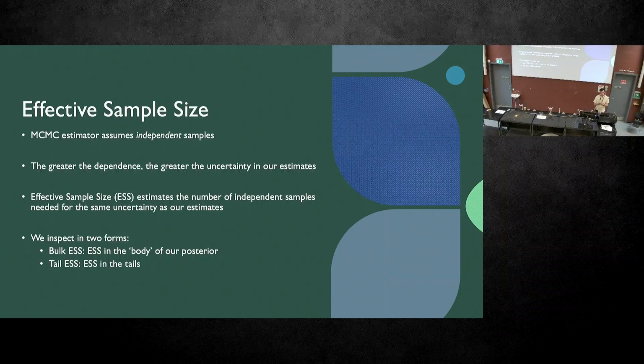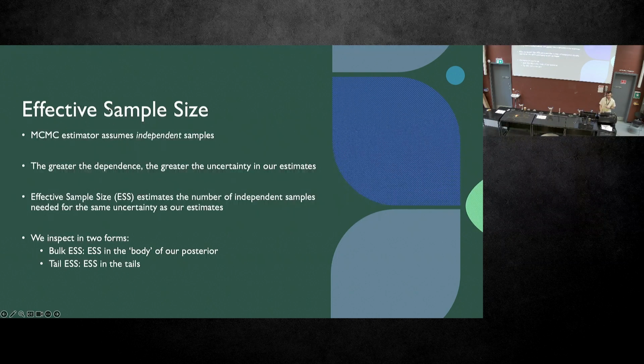This is really important because the assumptions behind an MCMC estimator assume that each of our samples is independent. Now, the longer you run your Markov chain for, the more independent samples you will get. But depending on the distribution, depending on the particular construction of your likelihood, you can end up with very highly correlated samples and not very many independent samples.